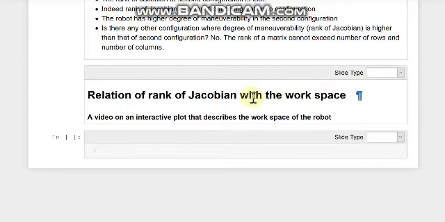For generating the workspace of this robot, another video has been posted where the generation of the workspace has been explained. Now we will go back to the same app that was used in that video and see what relation we can have between the rank of the Jacobian and the workspace.